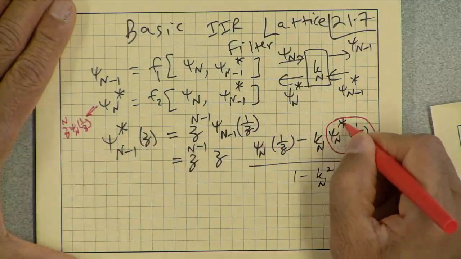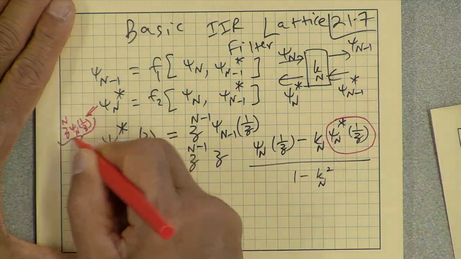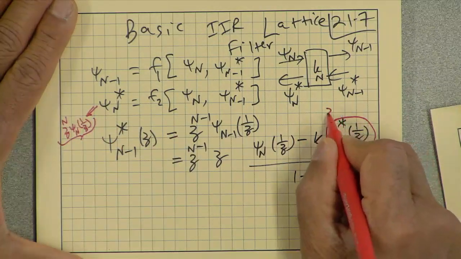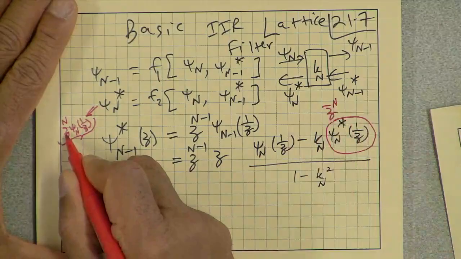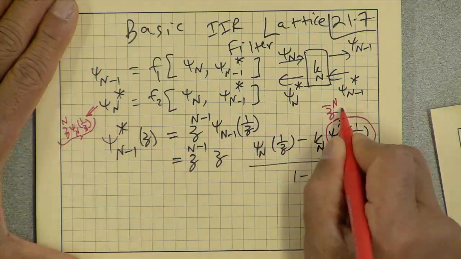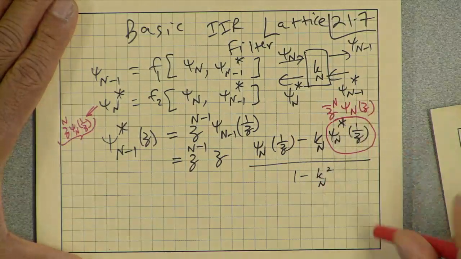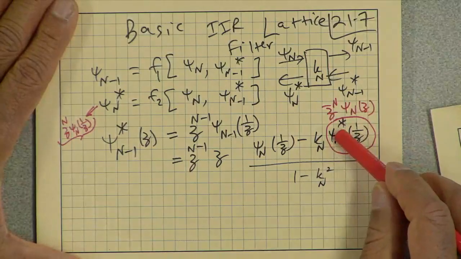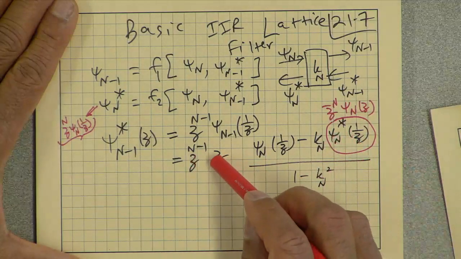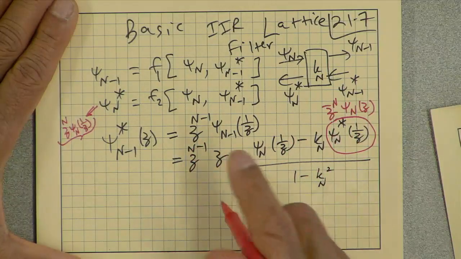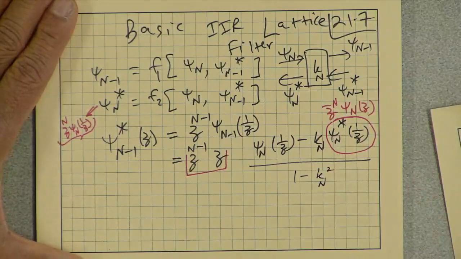So to compute psi n star 1 over z, replace z by 1 over z in this expression. So that becomes z to power minus n, psi n 1 over z becomes psi n z. Okay, so that's that reverse polynomial. And then z to power n minus 1 times z is z to power n. So this whole thing is z to power n.